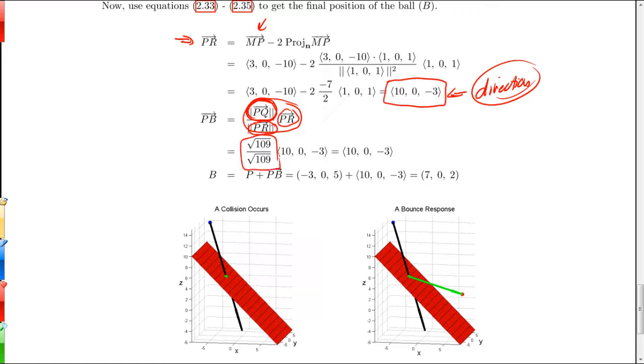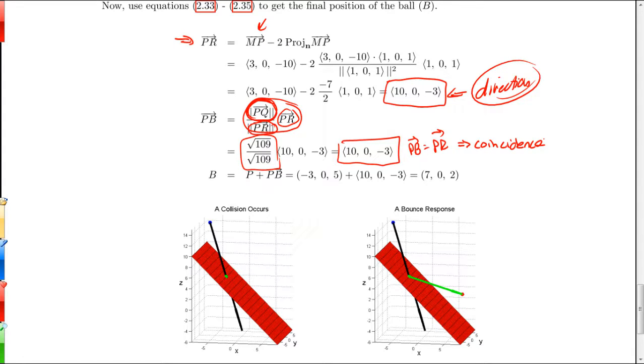So they cancel out and I get 1. So this is purely coincidence. All right. In this case, PB equals PR. That is a coincidence. That won't always happen, right?